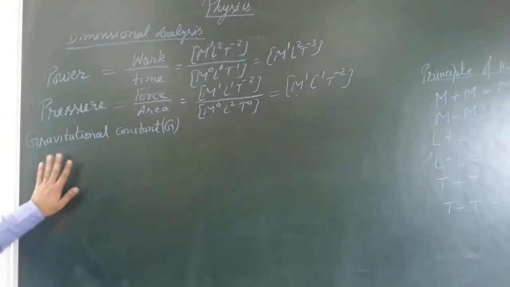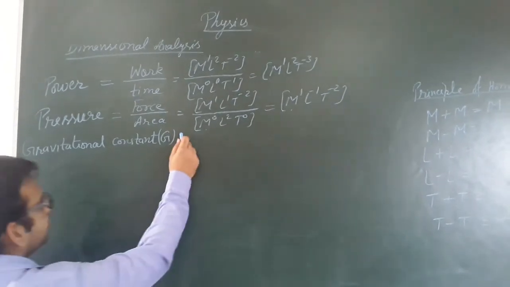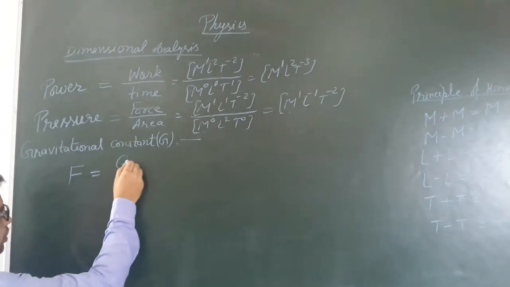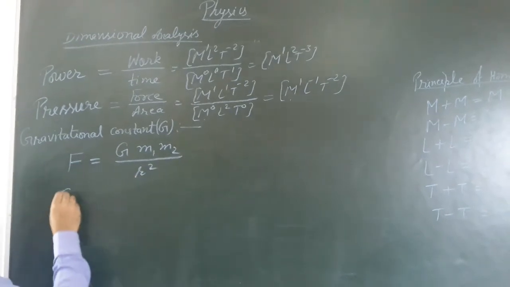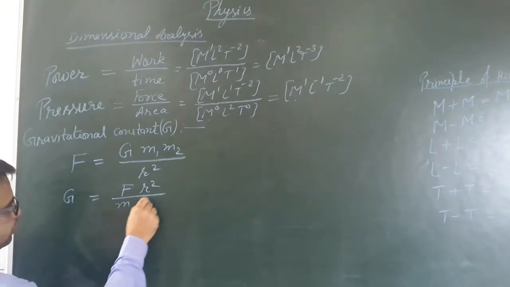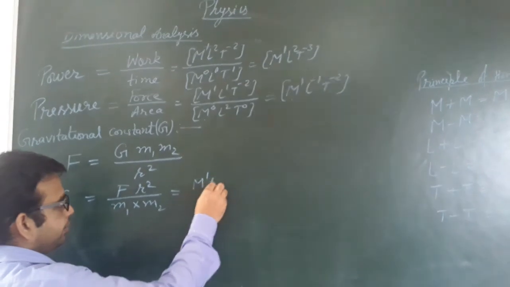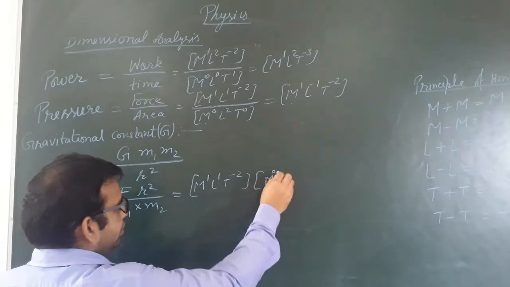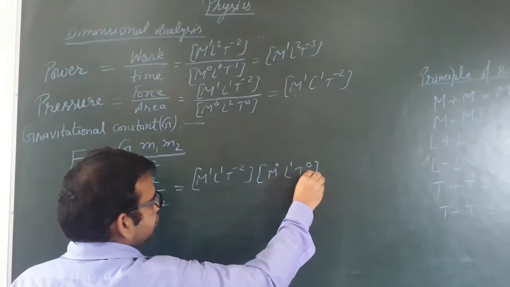Now we can also find the dimension formula of the gravitational constant G. For that, you know Newton's gravitational relation: F is G m1 m2 upon r square. We can find G from F into r square upon m1 into m2. Now put the dimension formula of each quantity. Force is M1 L1 T minus 2. r is distance, which means length, so L1 T0.